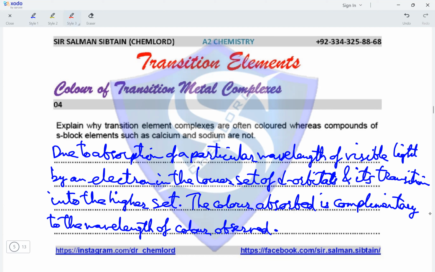The question also asks about compounds of S block elements such as calcium and sodium. This process does not happen in S block elements. So if S block elements do not have this process occurring, they will not absorb visible light and will not have colored compounds formed.